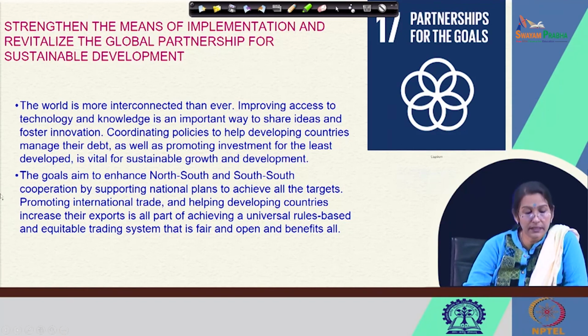They are taking care of not only cooperating with each other and with their neighboring countries, but also extending their help with resources to the countries who are in deficit, who are in disadvantaged positions.